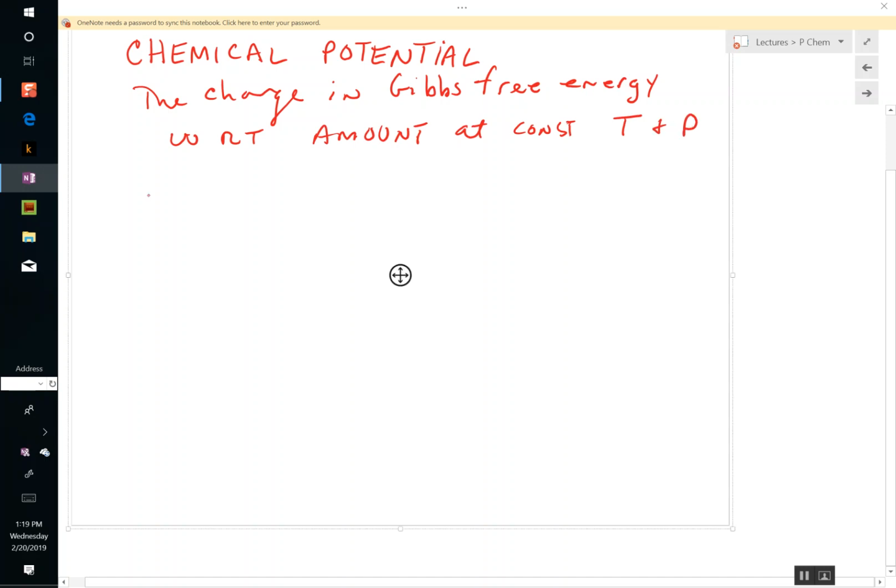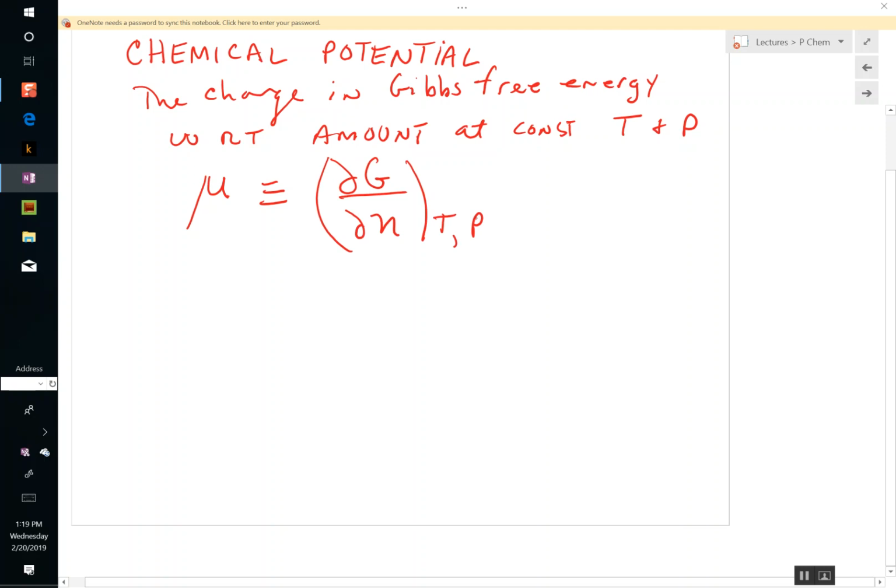So that is how this chemical potential is defined. The change in Gibbs free energy with respect to the moles or amount, constant temperature and pressure.